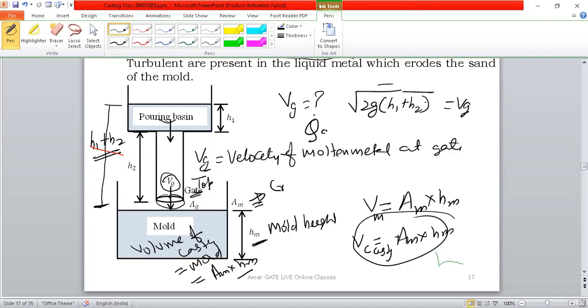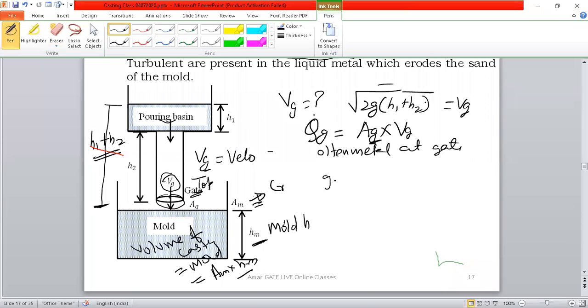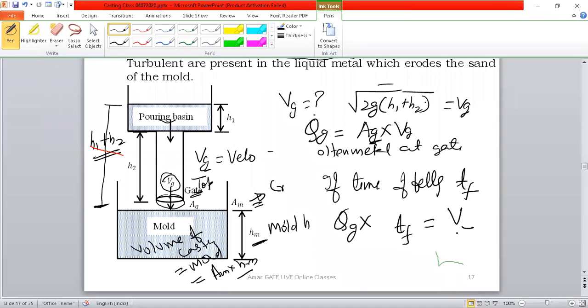Then what will be the discharge at the gate? The discharge will be Ag, that is the area of the gate, into Vg. So now you know the discharge and volume. If the time of filling is Tf, then Q, the flow rate, into Tf is equal to the volume of casting.